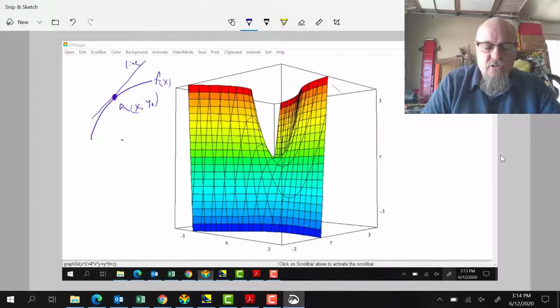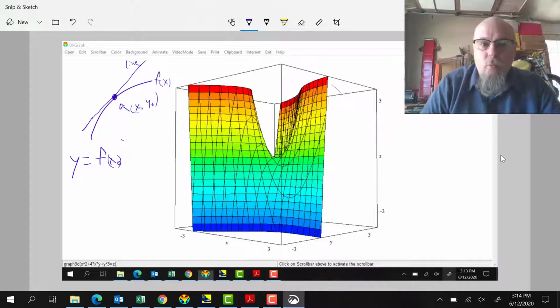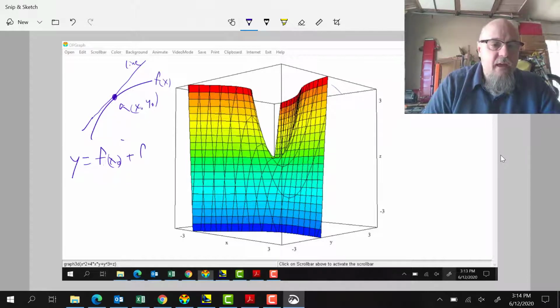What do I need for the equation of the line? Point and the slope. There's the point. The slope is the same. So if you remember, the equation of the tangent line from single variable calculus was y is equal to f of x naught, that's the y naught, plus f prime at x naught, that's the slope of the curve at this point, the derivative at that point, times x minus x naught.